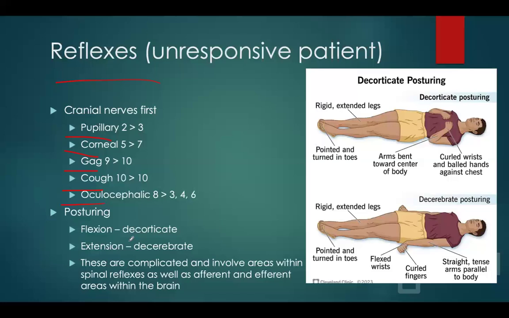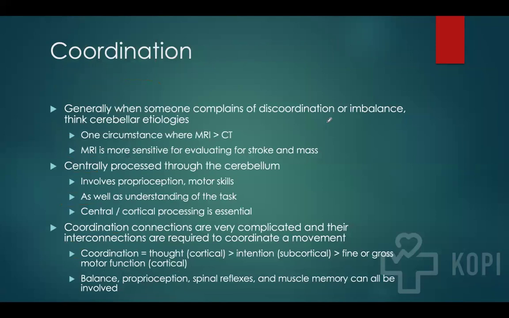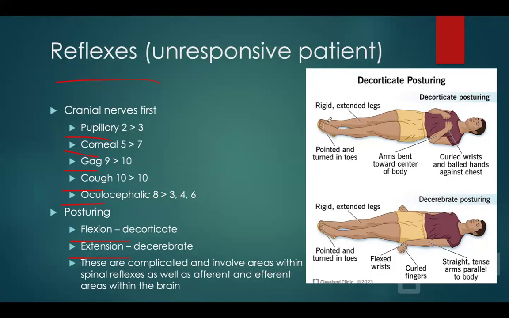Remembering the difference between decerebrate and decorticate posturing is also important. Just a little reference here for that. Cranial nerve reflexes are extremely important though when you're evaluating a patient who's unresponsive.